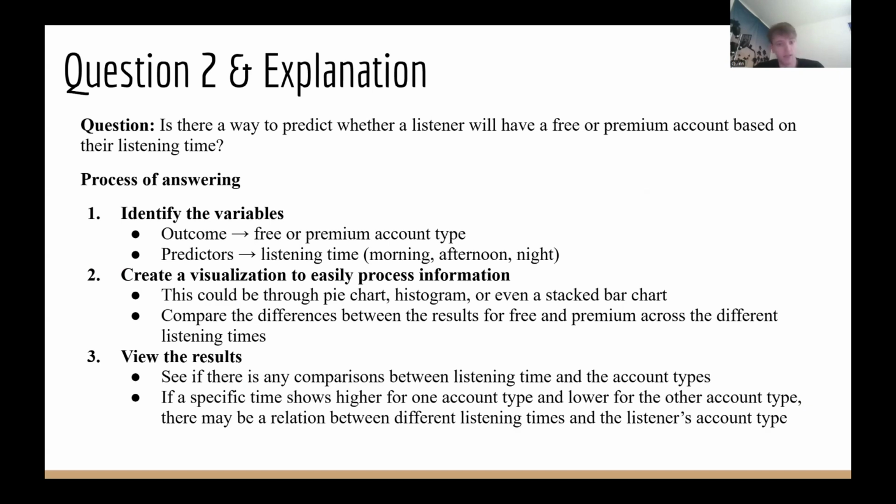Like I said, I did a pie chart, but a histogram or a stacked bar chart could work as well. Then we can compare the differences between free and premium and their listening times. The last step would be to view the results and see if there are any comparisons between listening time and the account types. If a specific time shows a higher rate for one account type and a lower rate for other types, then there may be a relation between different listening times and the listener's account type.